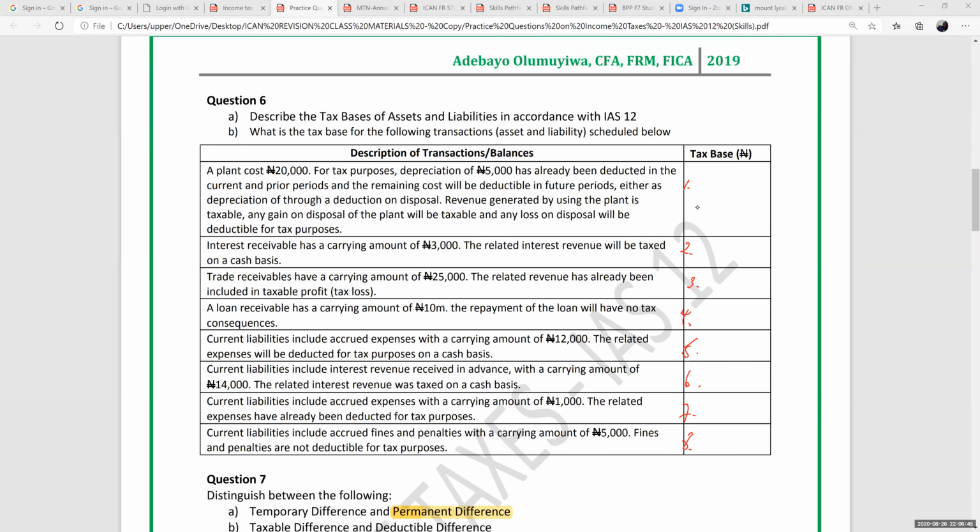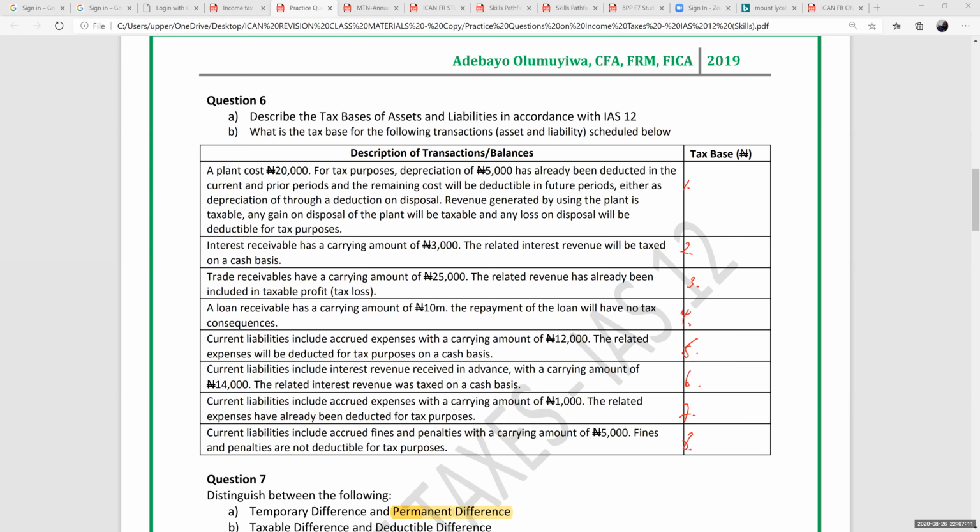Question 2. Question 2 or question 6? Question 2. We are solving question 6. No, what I mean is I want to start from number 2.